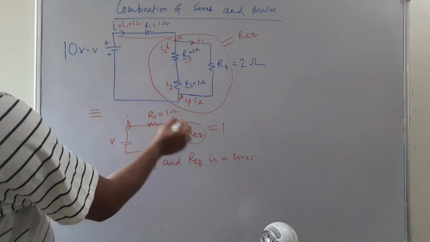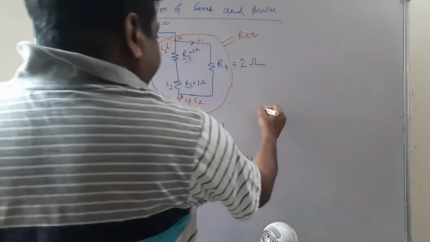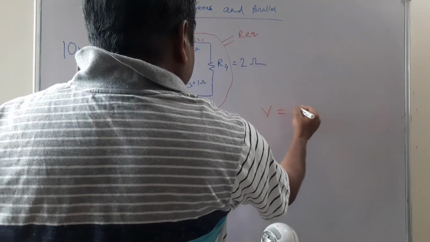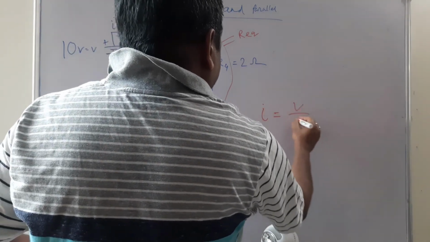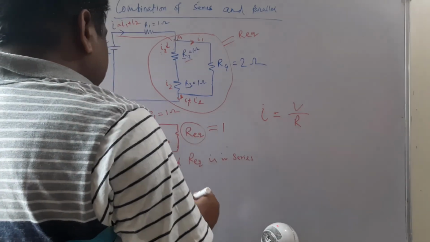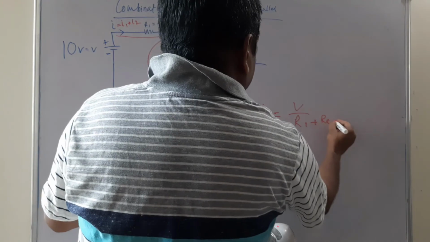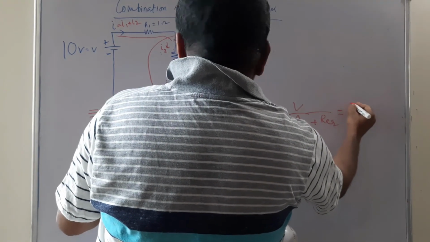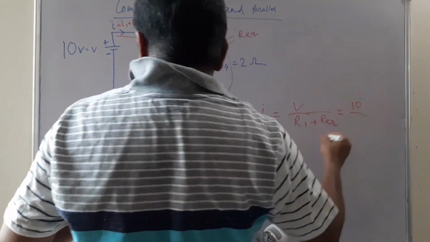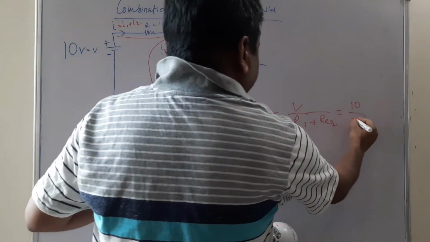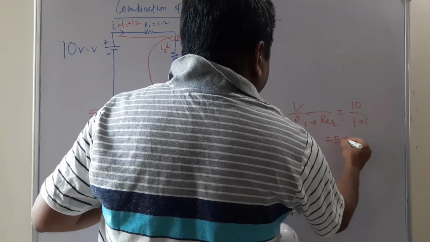So series means you need to add; you calculate the total resistance. So this I equals V by R total. So that will be R1 plus Req. So V is your 10 volt, divided by 1 plus 1. So this is 5 amps.